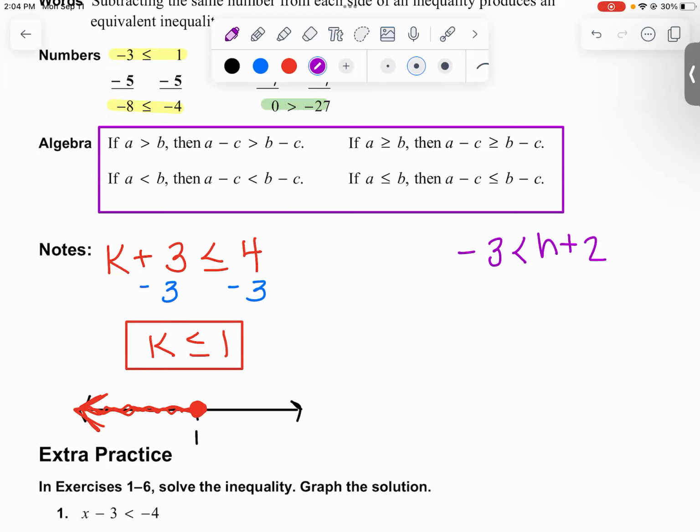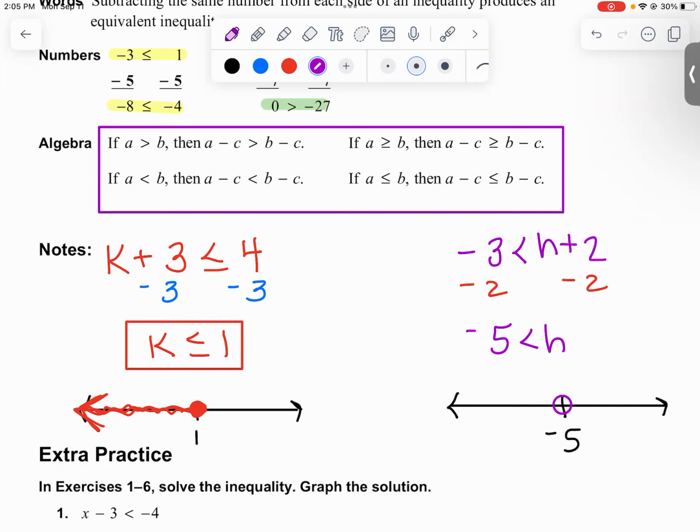Another example right here, -3 is less than H plus 2. Noah, what do we need to do to both sides? Open or closed circle at -5?